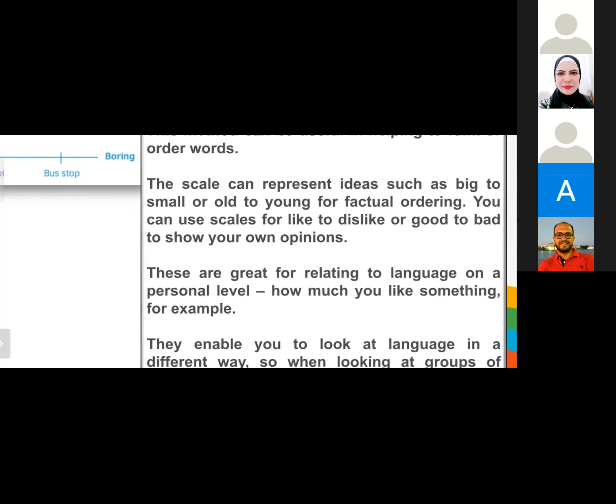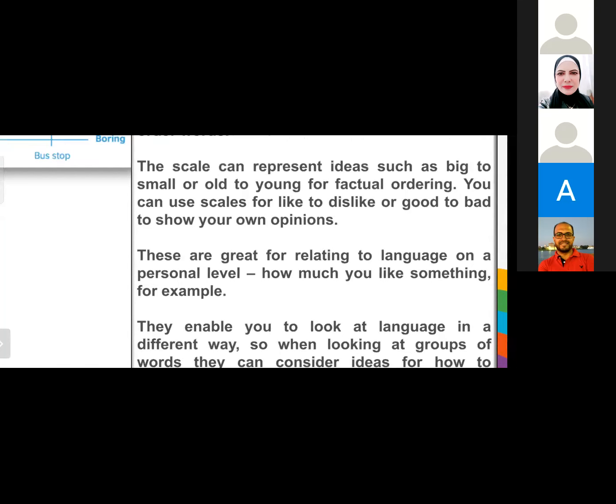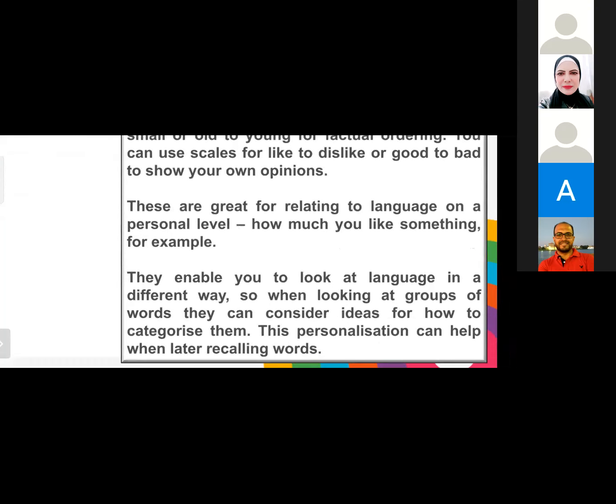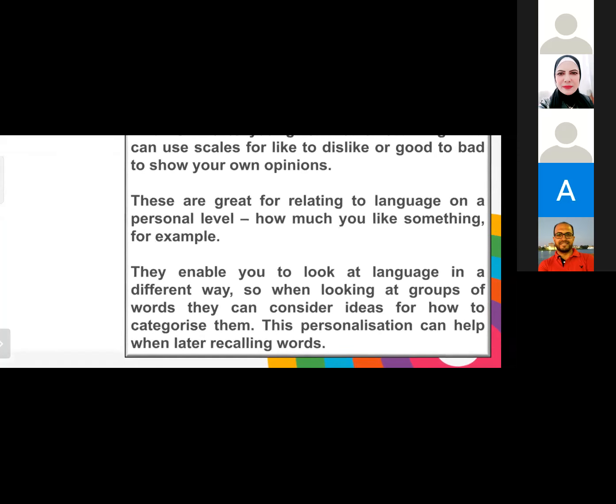These are great for relating to language on a personal level, how much you like something, for example. They enable you to look at language in a different way. So when looking at groups of words, they can consider ideas for how to categorize them. This personalization can help when later recalling words.